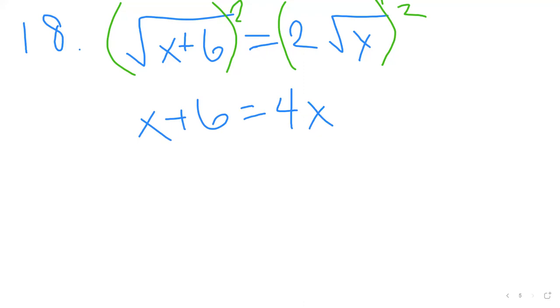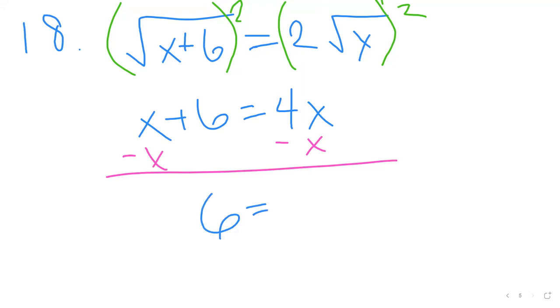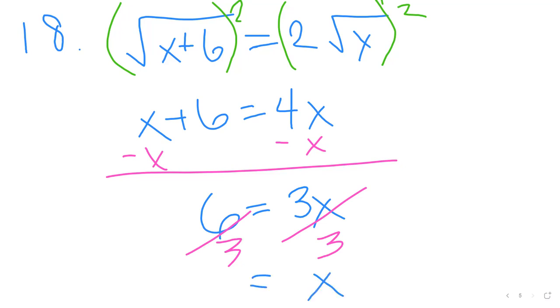Okay. Now, where would we go from here? Minus x on both sides to get all of our x terms together. 6 is left on the left, 3x is left over here on the right. And then let's divide 3 on both sides. 4x equals 2 is our solution there.